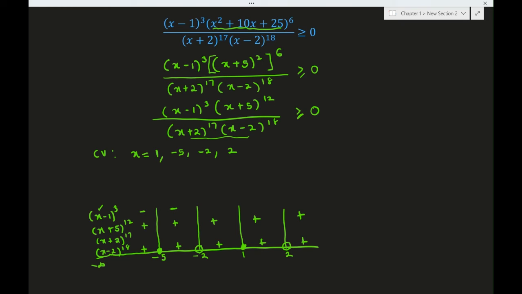So here is also negative. Between minus 2 and 1, we can take 0. Put 0 here: 0 minus 1 is minus 1, so here is still negative. Between 1 and 2, we can take 1.5. 1.5 minus 1 is 0.5, which is positive.